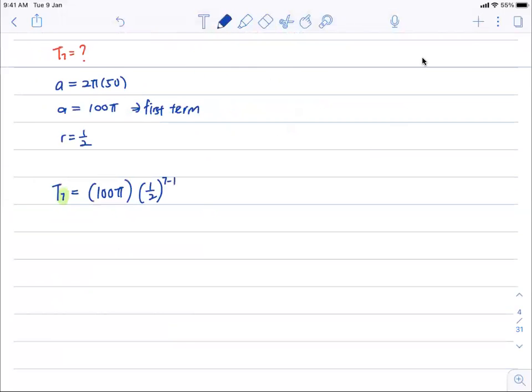So we type into our calculator 100 pi multiplied by 1/2 power 6. We get 25 over 16 pi. So this is the 7th circumference.